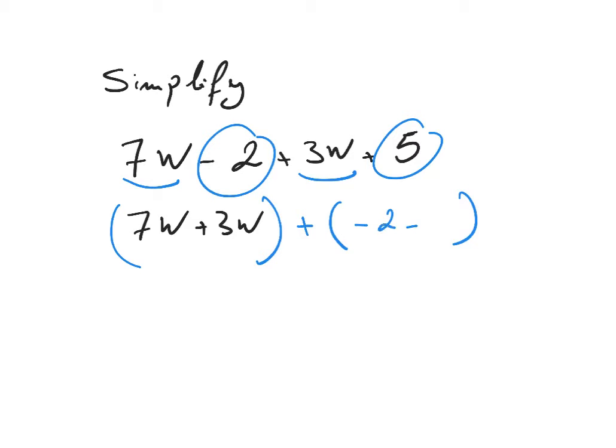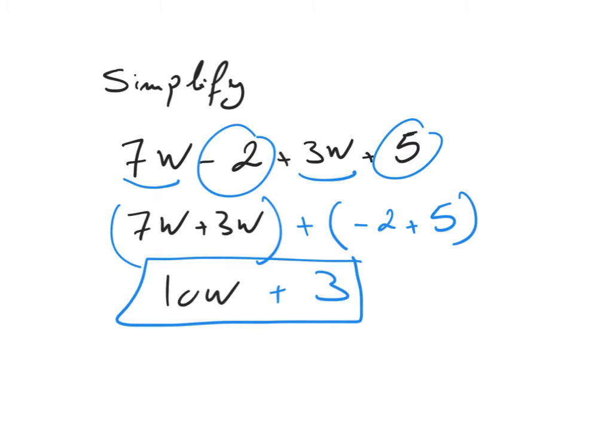So here we have 10W plus negative 2 plus 5, which is going to be 3. We cannot combine a letter with a number, so it's going to stay like this: 10W plus 3. And that's going to be the answer.